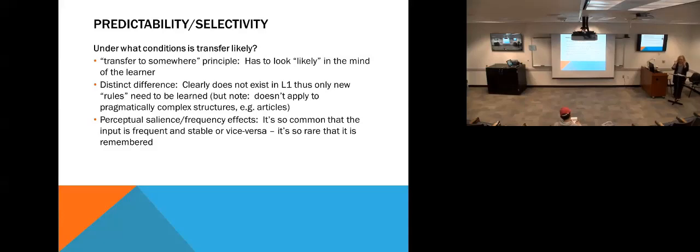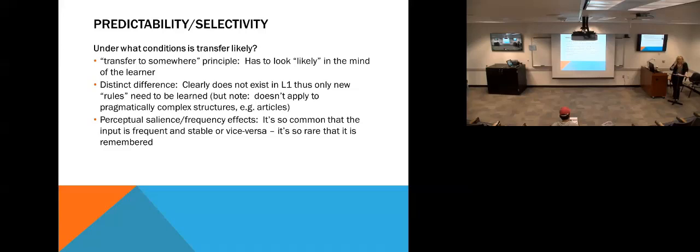The Chinese learner says, okay, I haven't got an article system, so my prediction is that I'm not going to use that. I'm actually going to learn the rules in the new L2. But they try and simplify that, right? They say, well, there's this article system, which we don't have, but how bad can it be, right?